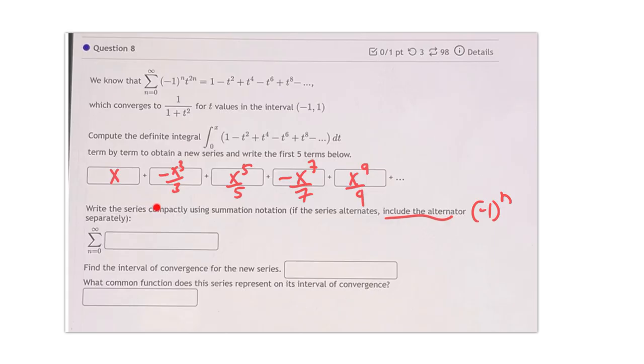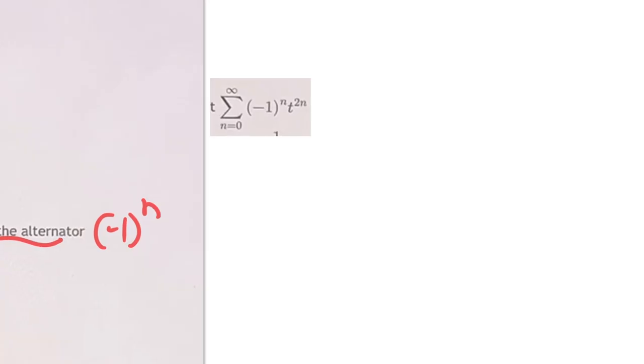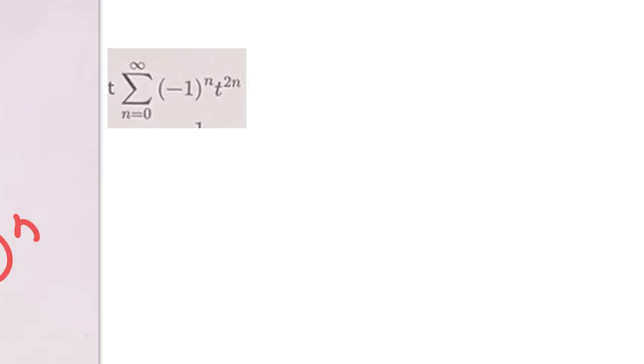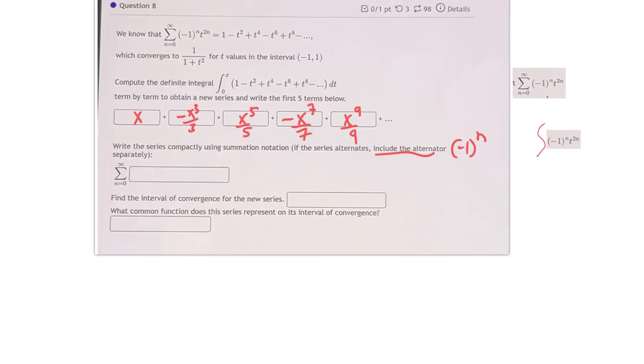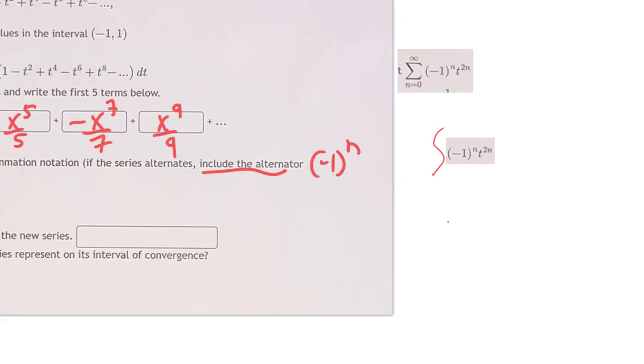So how can we write the series compactly using summation notation, meaning this series that we just made? Well, that would be a matter of doing the integral of this thing, I think, right? We could acknowledge that the original general term is this, and we could integrate that from 0 to x. So cool.